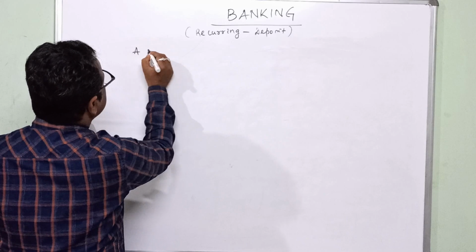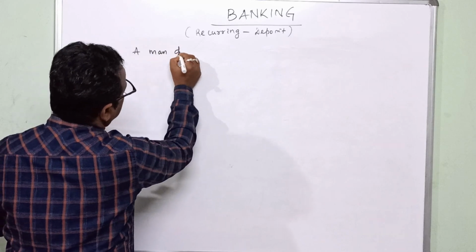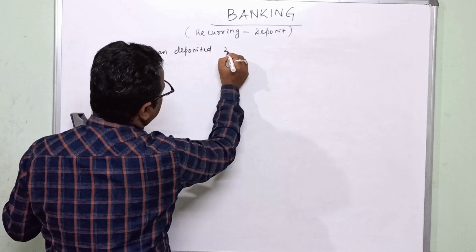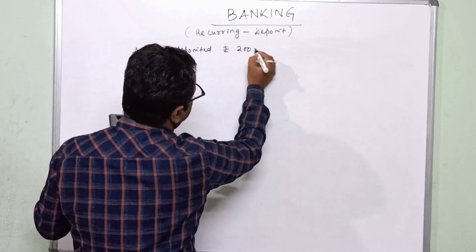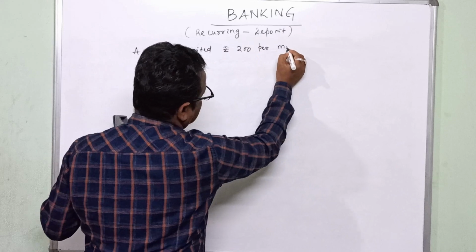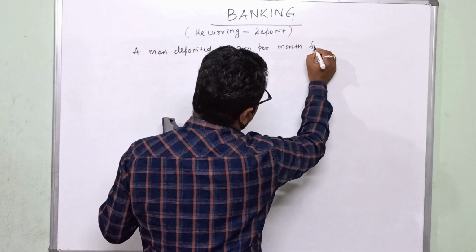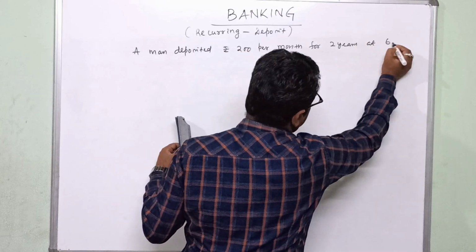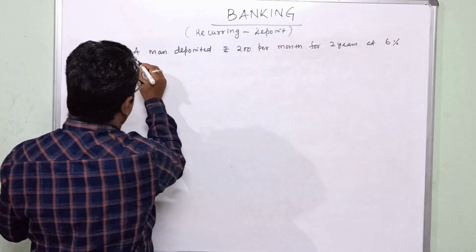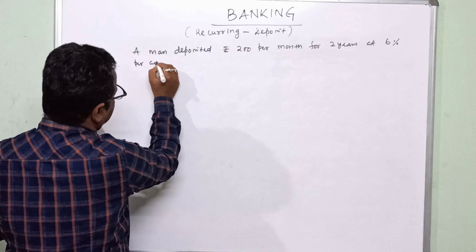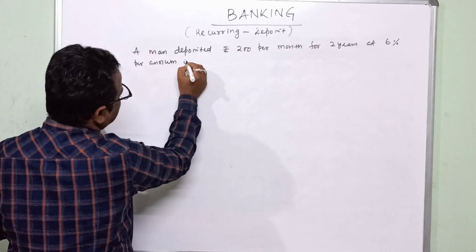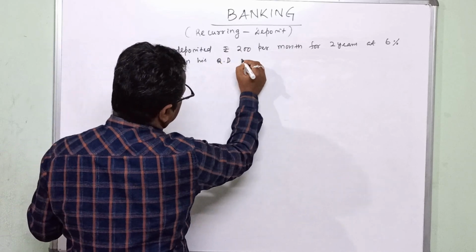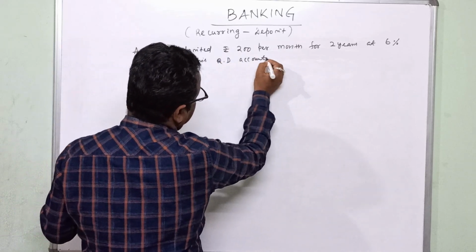A man deposited rupees 200 per month for 2 years at 6% per annum in his R.D. account at a bank.